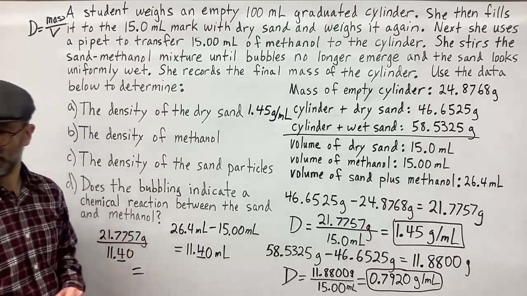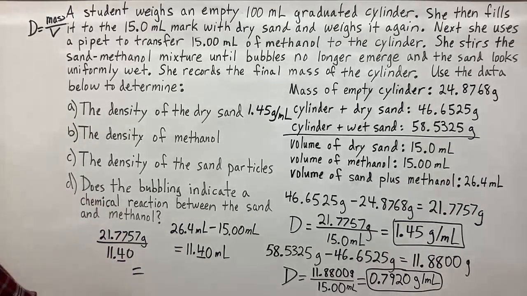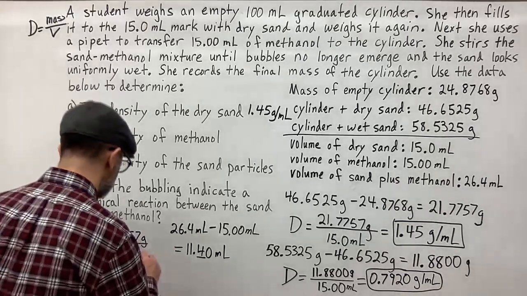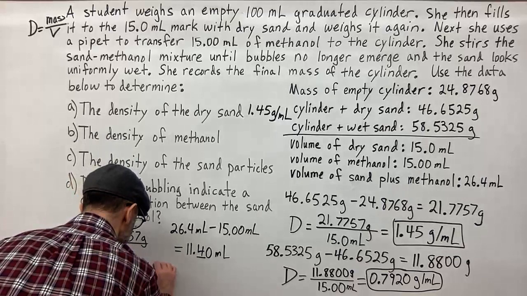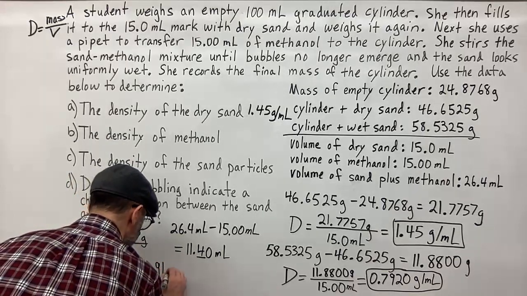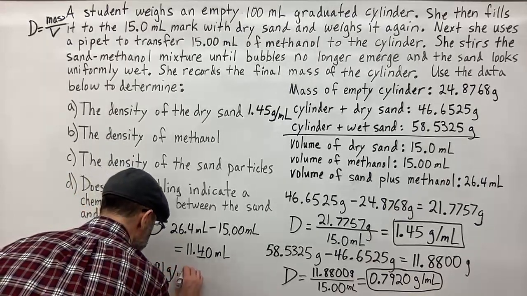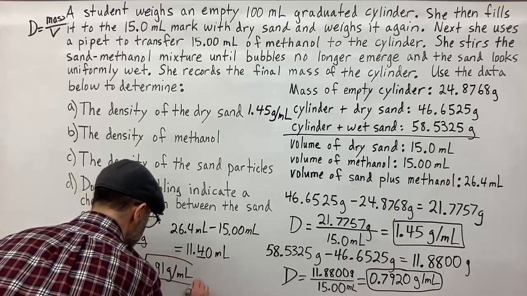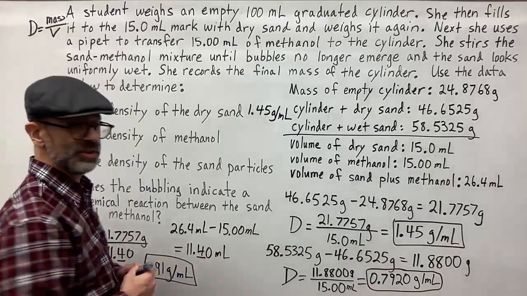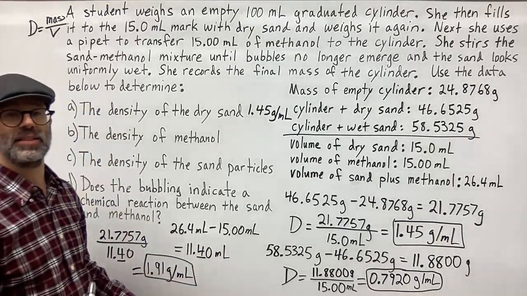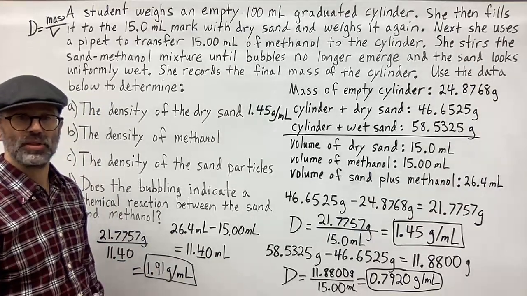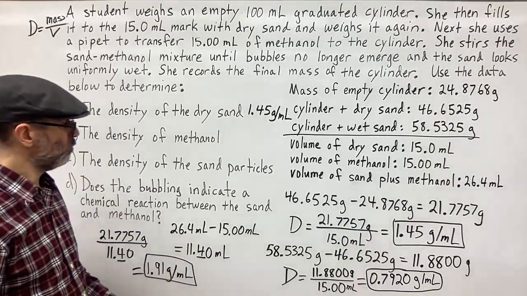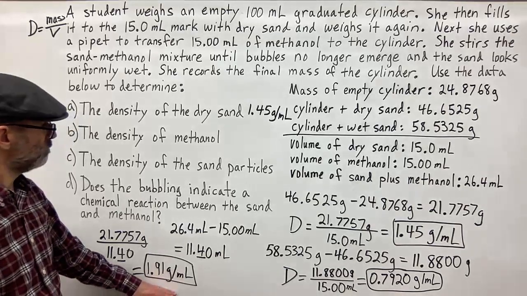When we divide this, we get 1.91 grams per milliliter. So that, ladies and gentlemen, is the density of just the sand particles. Okay, so we've got our density.